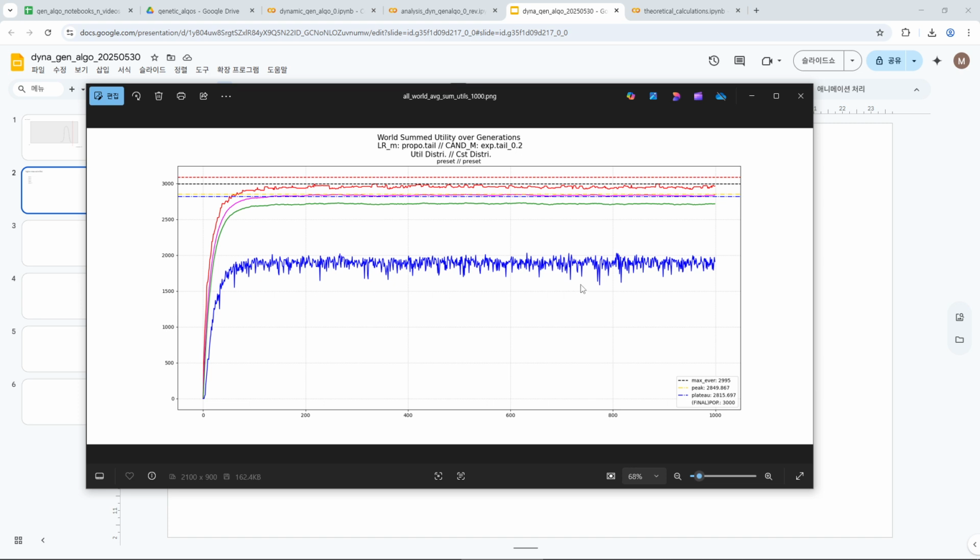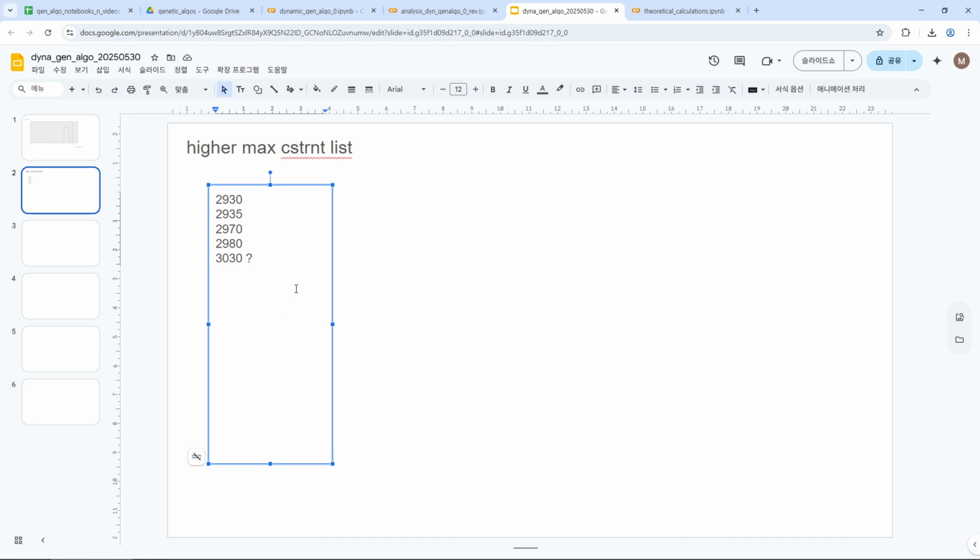Yep. Now, in this case, well, now it's down to 2995. So write that in, 2995.